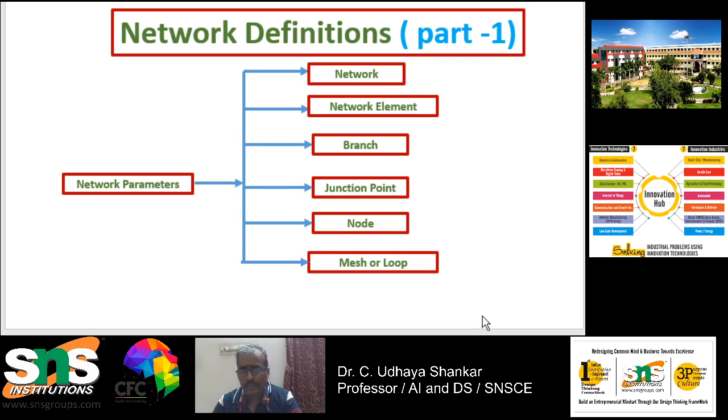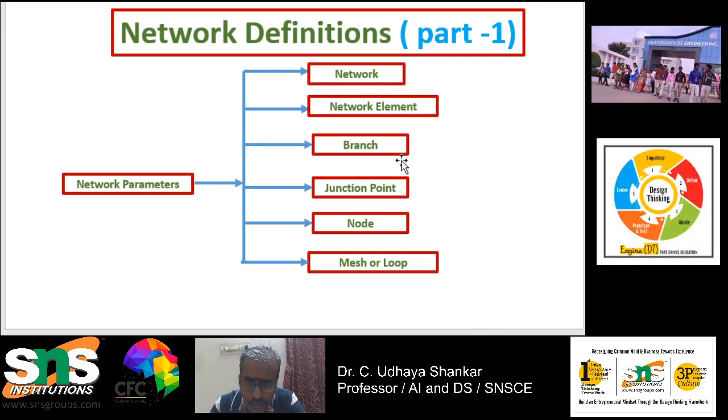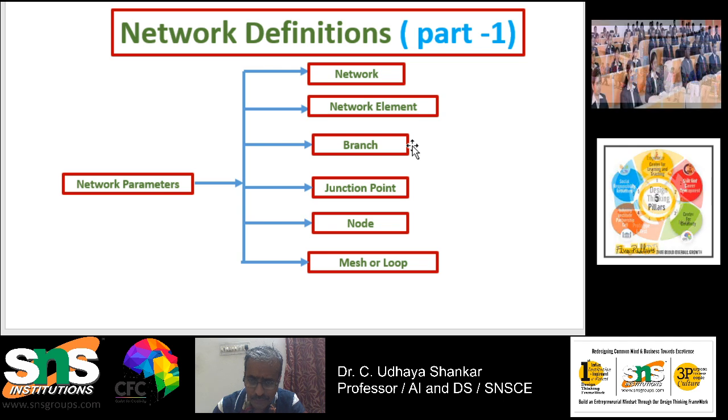You can see there are 6 definitions. In this video I have covered 3, that is network, network element, and branch. In the next video I will be covering the junction point, node, and mesh. The other name for mesh is loop.